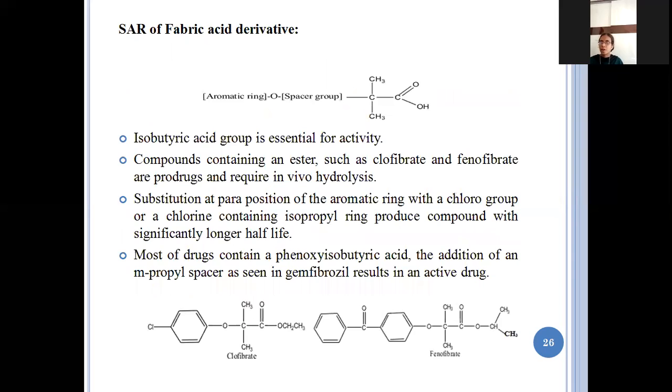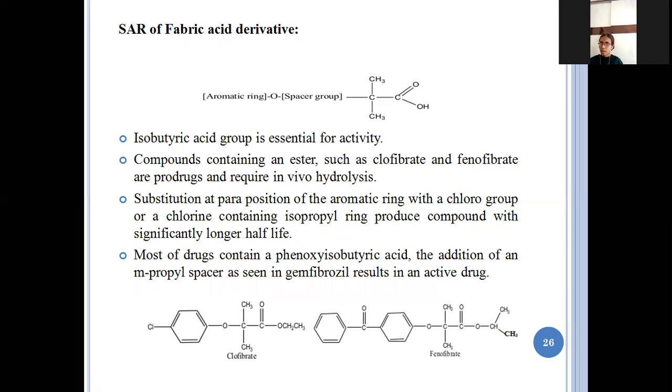Next, SAR. Isobutyric acid is essential for the activity. The compounds containing esters, such as clofibrate and fenofibrate, are prodrugs and require a hydrolysis process.